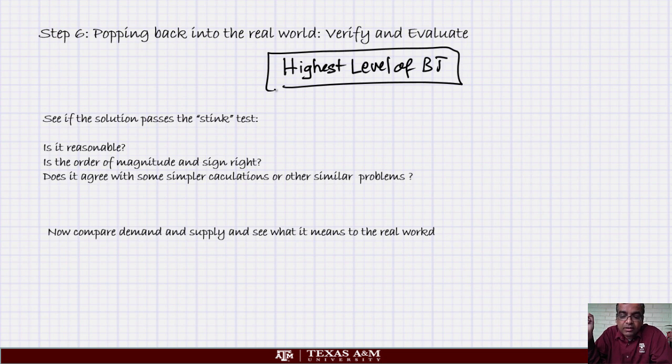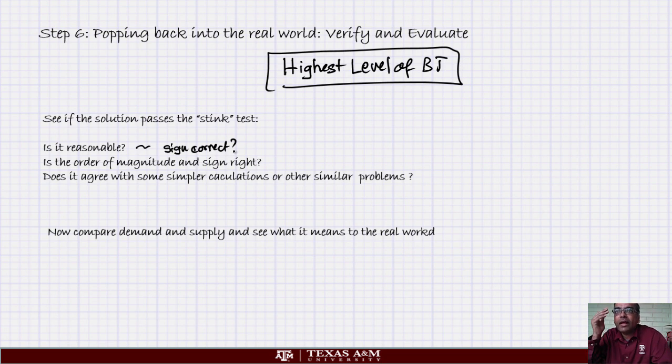Okay, so first thing you have to do is, after you get a number, you have to ask, is it reasonable? That is, are the signs right? For example, when we did the chandelier, that hanging chandelier problem, we looked at it and we said, oh, you know what, these are cables, you cannot push on a cable, so the cable tensions had better all be positive, right? And then is it roughly correct?